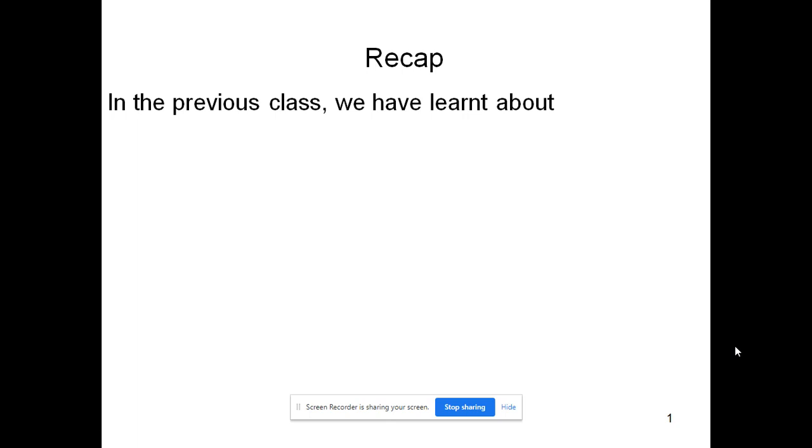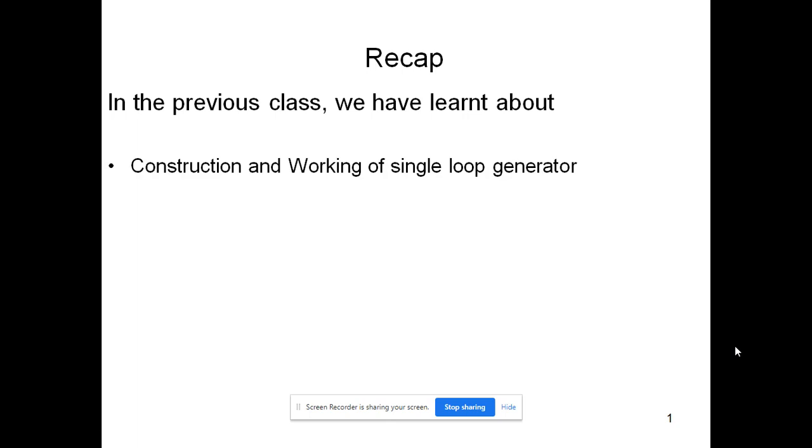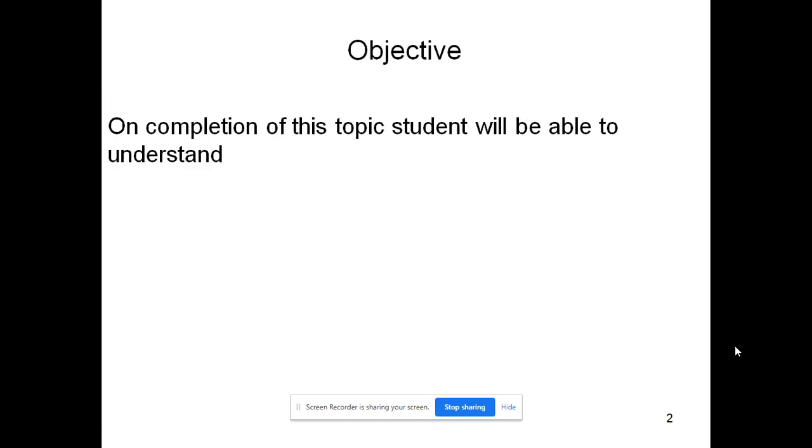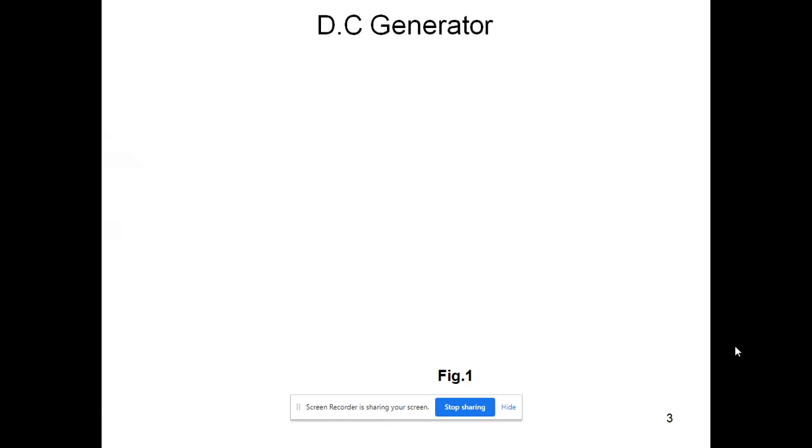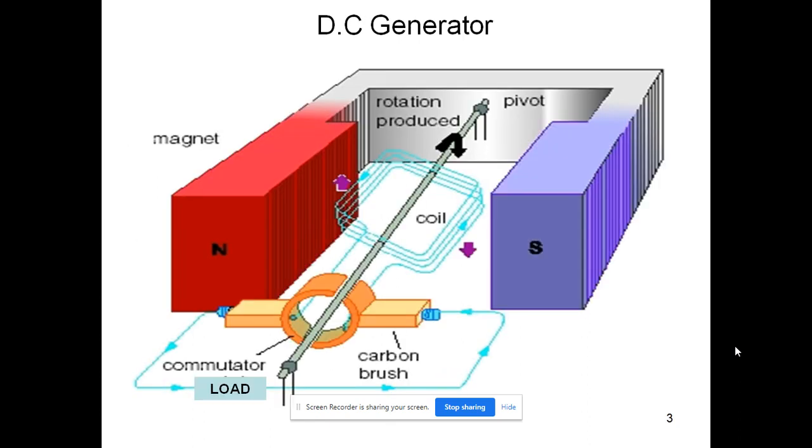Now, in the previous class, we have learned about the construction and working of the simple loop generator. The main objective of this PPT is to understand the principle of working of DC generator.